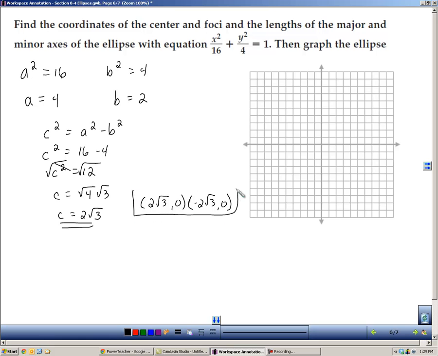So here's the foci values. The center of this ellipse we know is at the origin 0, 0, because it has no h and k to adjust it. I know that my a is 4, so my major axis has a length of 8 units.